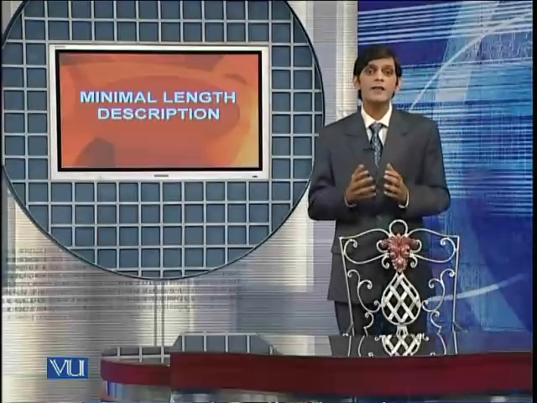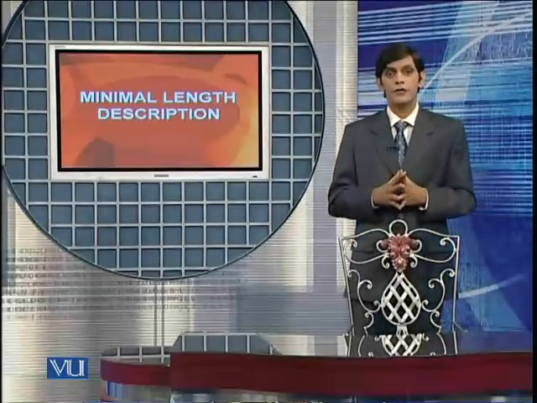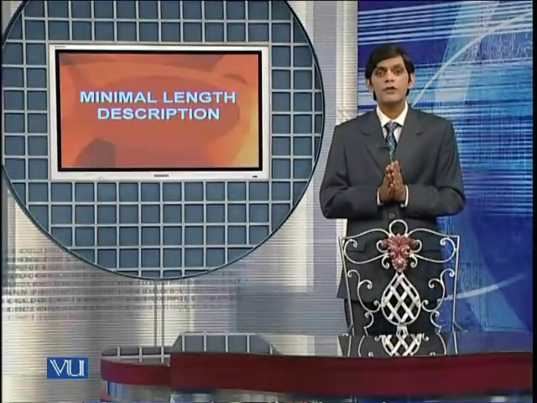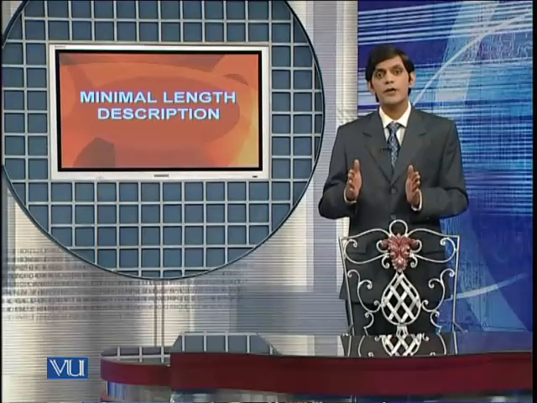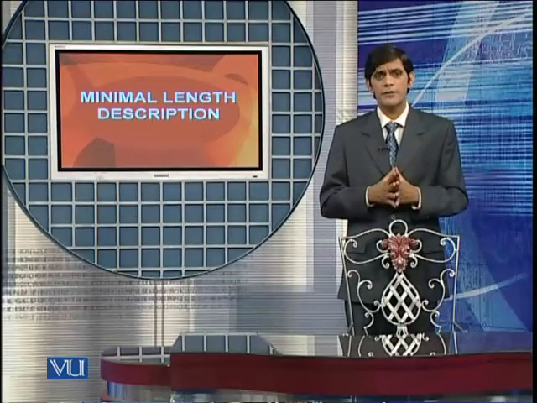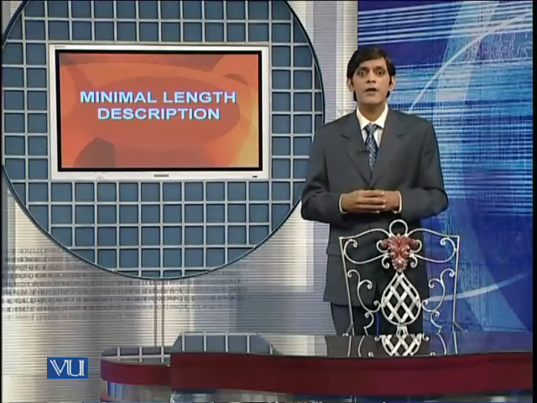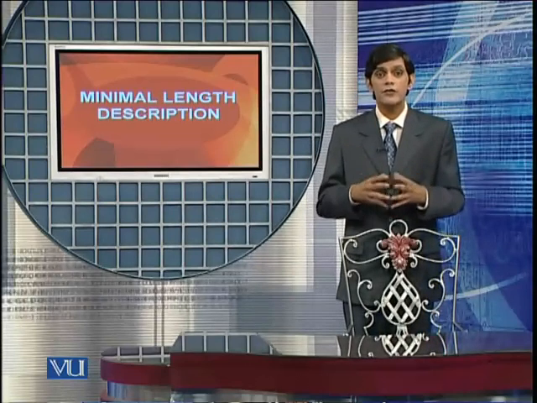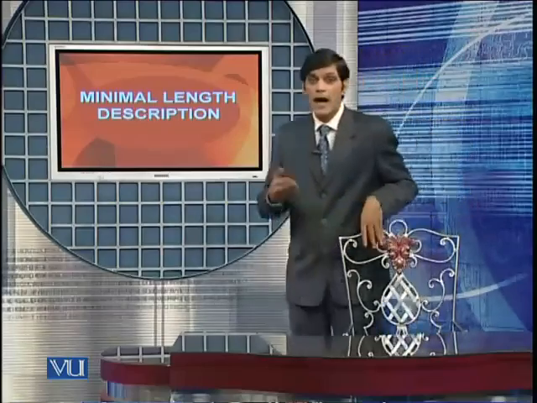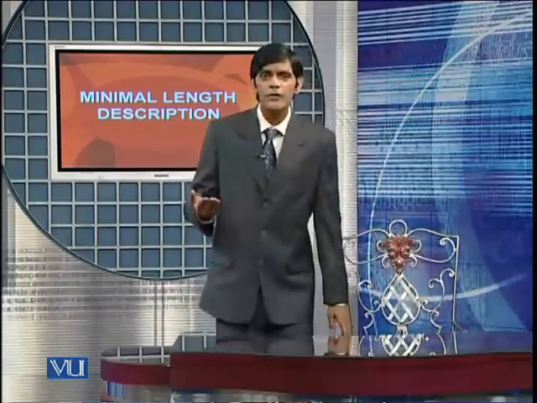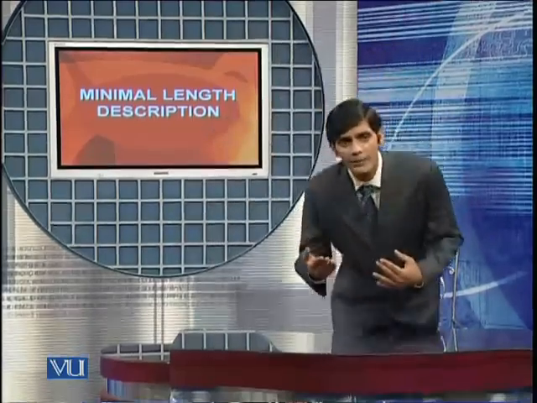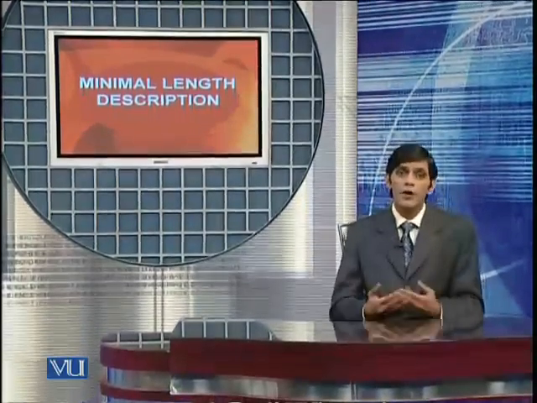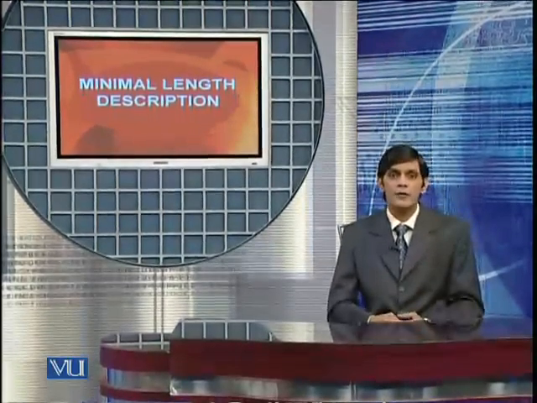Now let us ask, how good is our definition? The way we have chosen to describe strings is by giving descriptions of Turing machines followed by strings. What if I were to use some other language? What if I were to use some other method of describing strings? For example, I could say that my algorithms are going to be written in a programming language like Java or C++ or some other language.